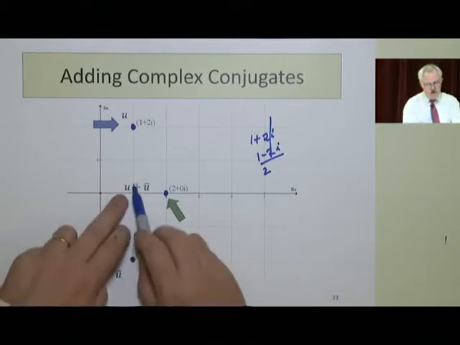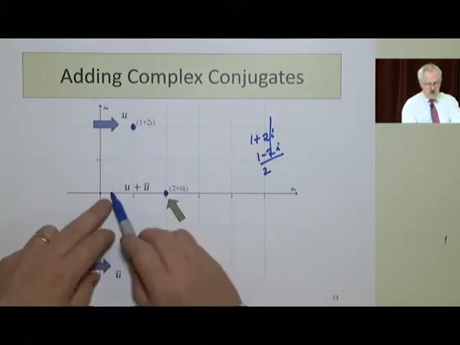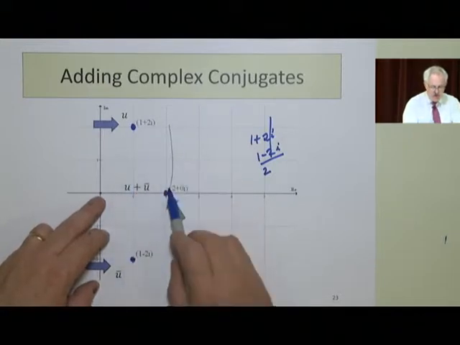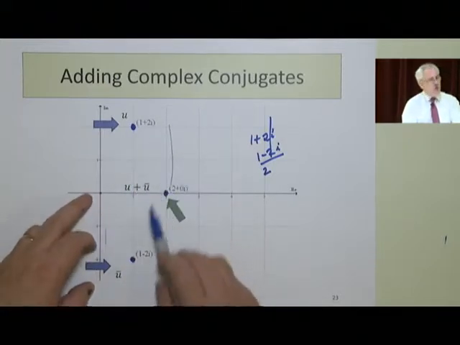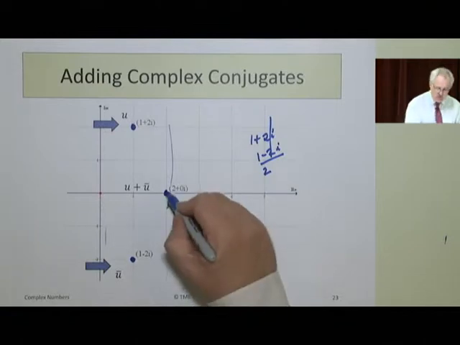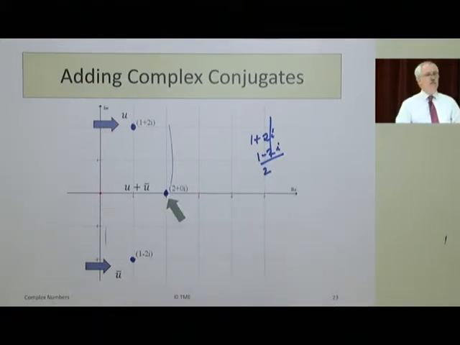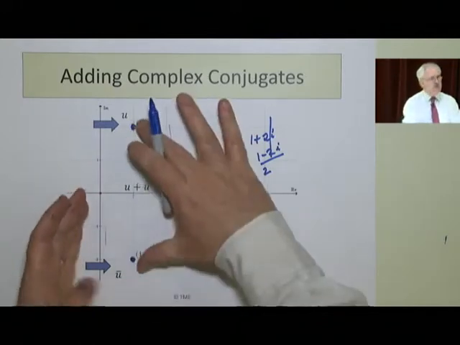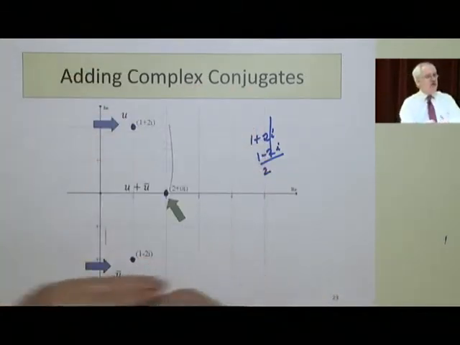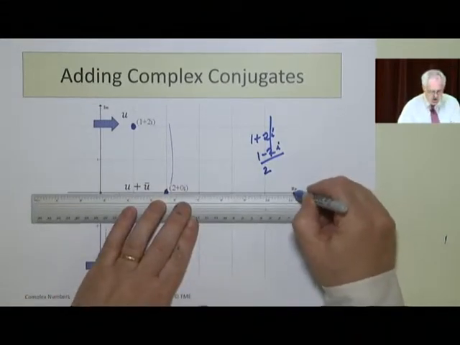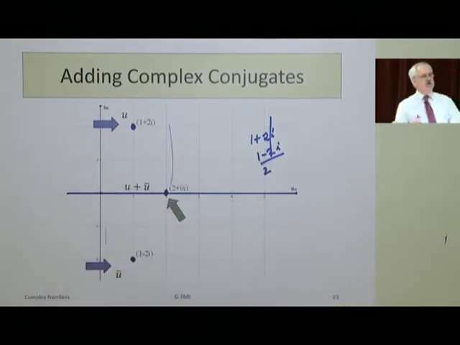It's like 1 east, 2 north, followed by 1 east, 2 south. You end up just 2 east away, or 2 real away. So the addition of complex conjugates knocks out all of that reflection stuff, and you're back on the standard line. And that's an important line to be on, because that's the real line.